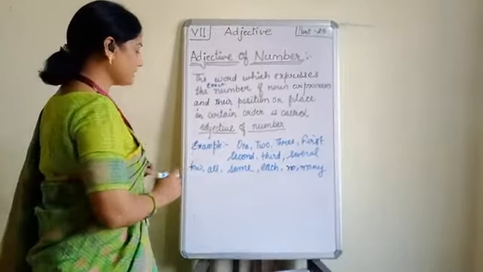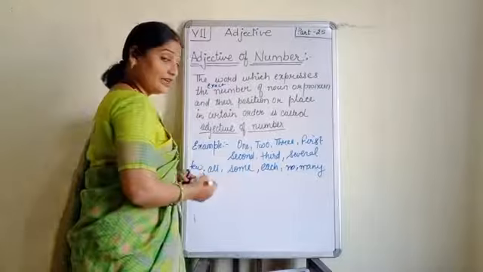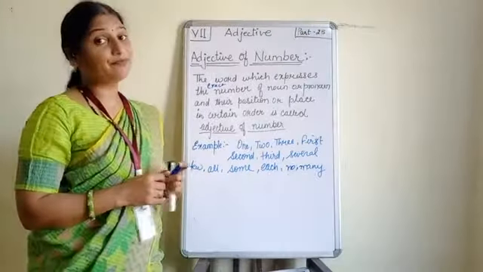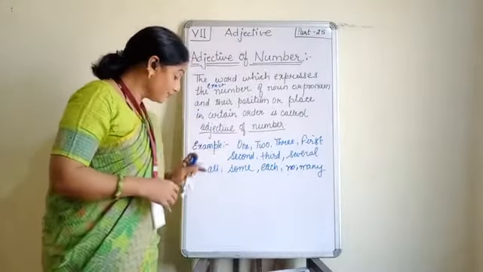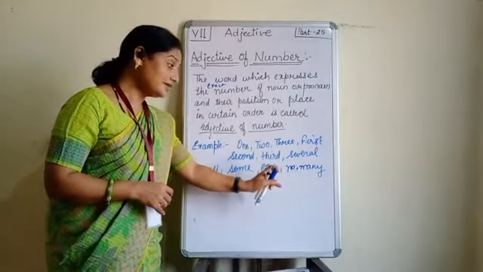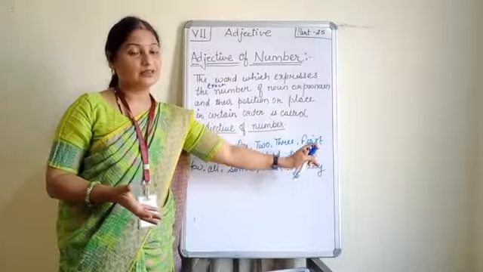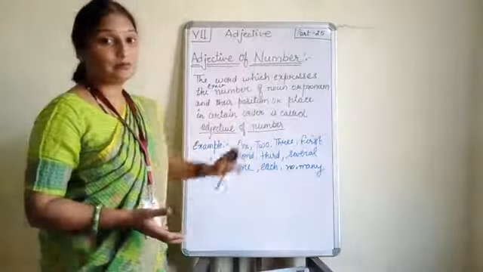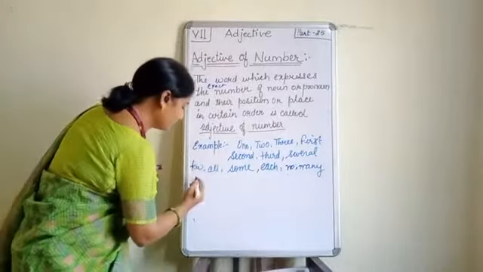Now see some examples. For example, 1, 2, 3, or we can also use first, second, third, several, few, all, some, each, no, many, etc. So all these are adjective of number. Now see children, I have written few examples also.